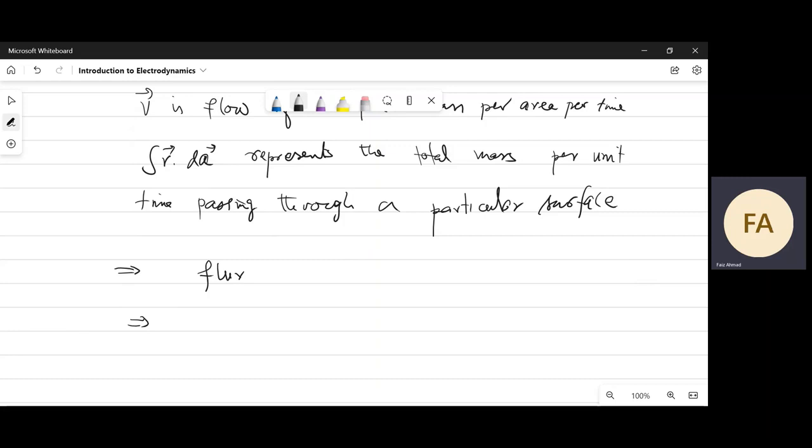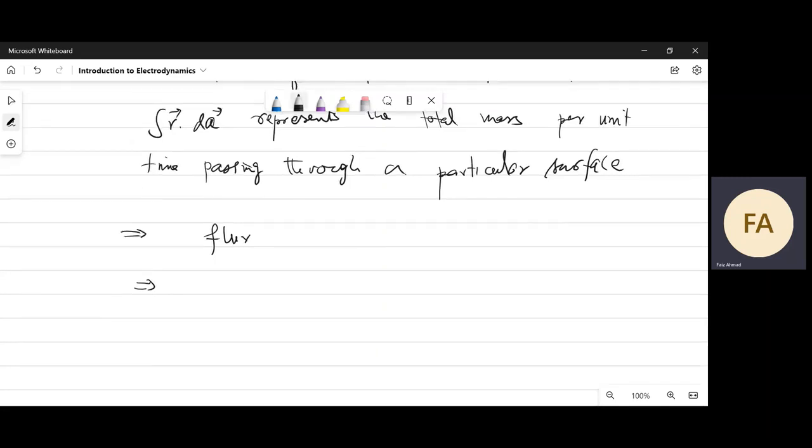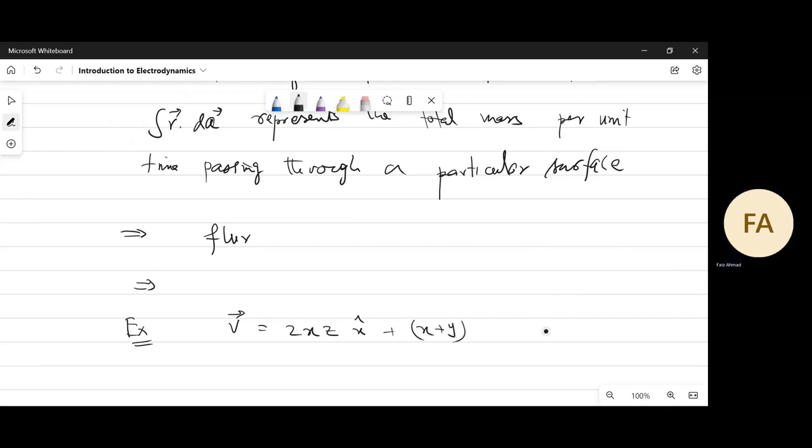So here we have an example to find the integral of V dot dA. We are given V equal to 2xz x-hat plus (x plus y) y-hat plus y(z squared minus 3) z-hat.